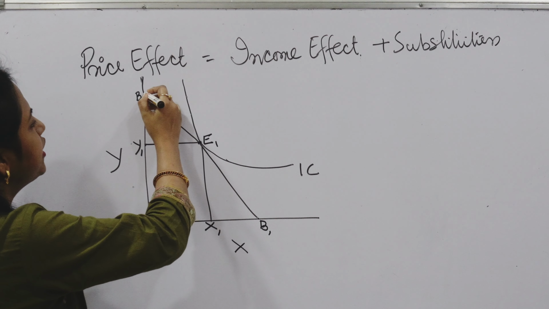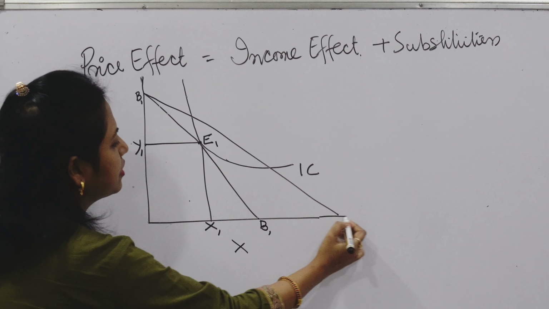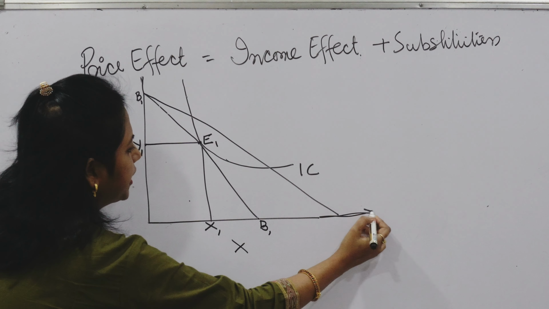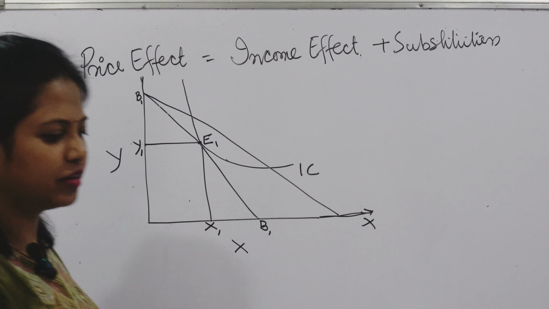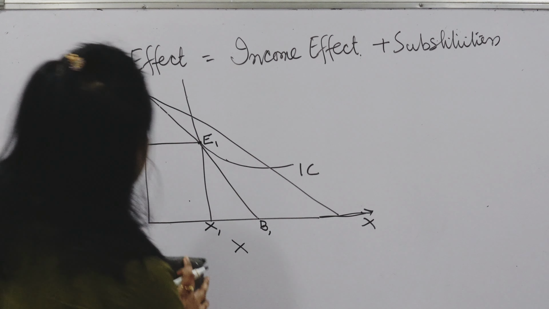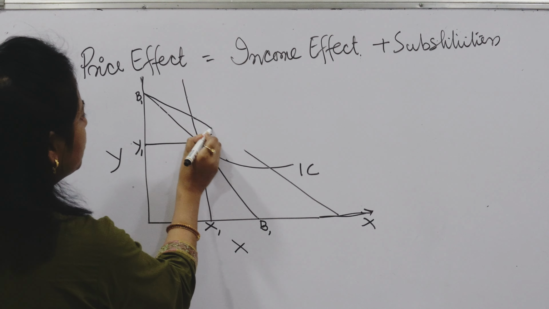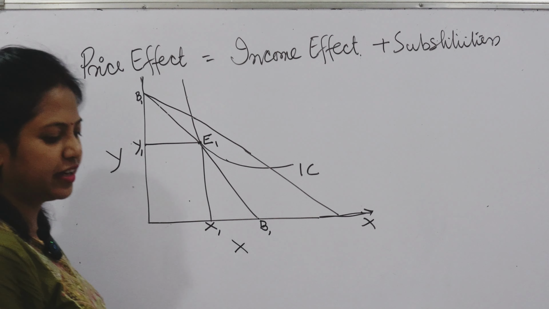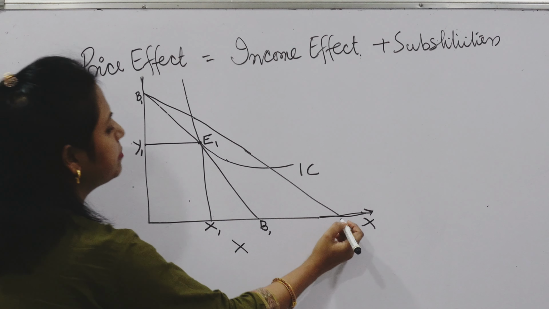So that's why your budget line will rotate this side. I'm sorry because I'm making a rough diagram here, so the line may not be so straight. So I can make an attempt to make it look straighter. So this probably is my budget line. So it is rotating to the right, B1, B2.